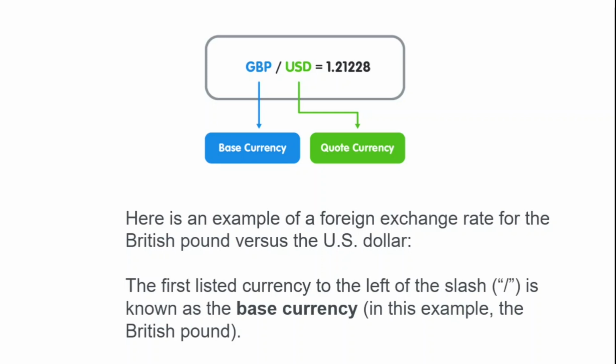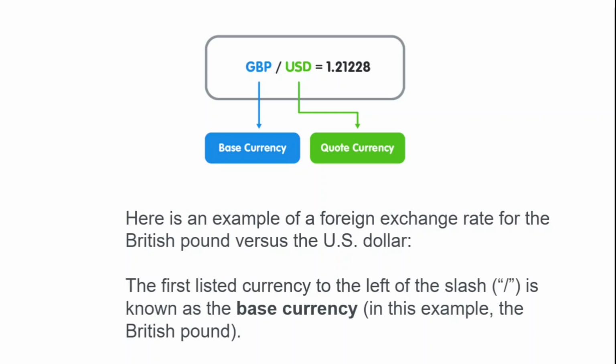So here is an example of the exchange rate for the British pound versus the US dollar. In our previous video, we understood what is the exchange rate. So here we are saying the exchange rate is 1.21228. So what does it mean? It means to get 1 pound, you need $1.21228 to get the base currency.